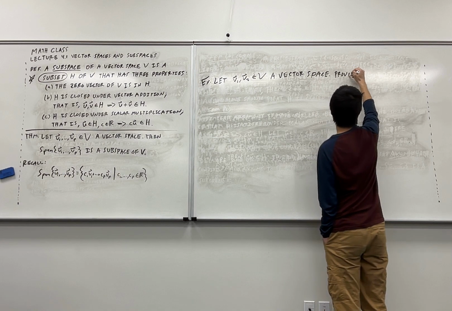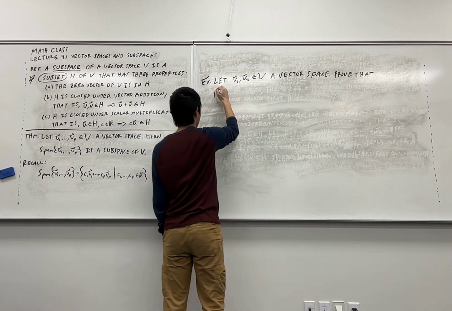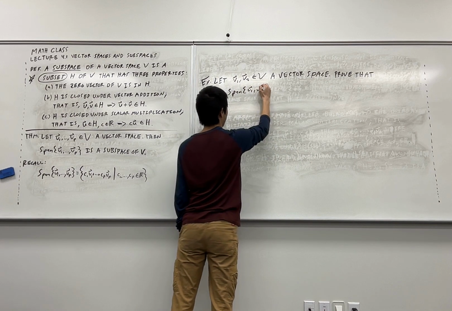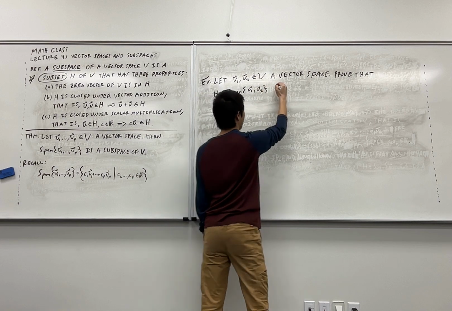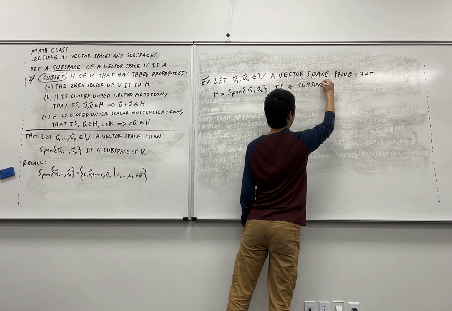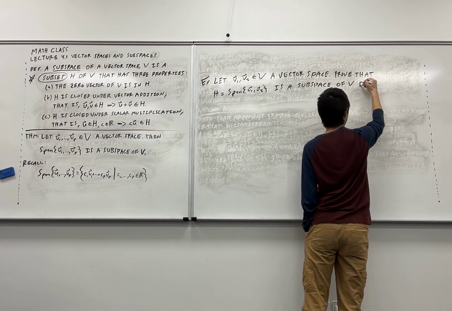Prove that H equals span of v1, v2 is a subspace of V directly.